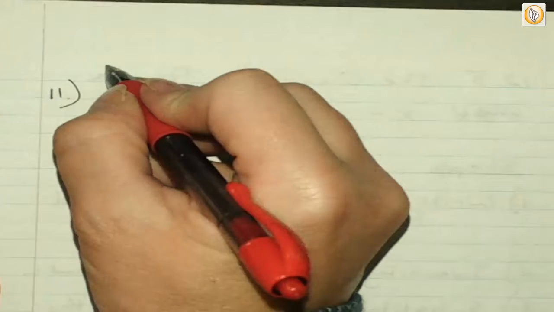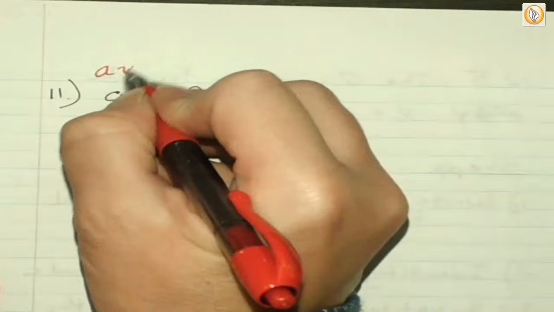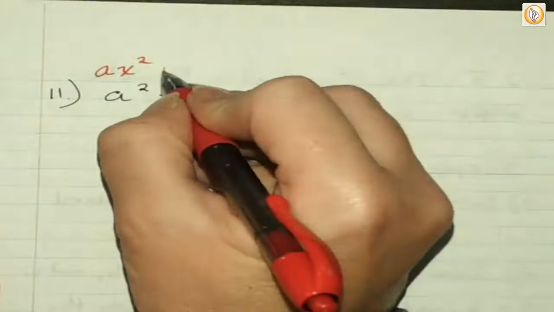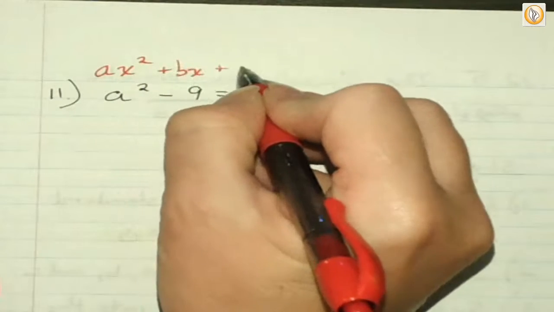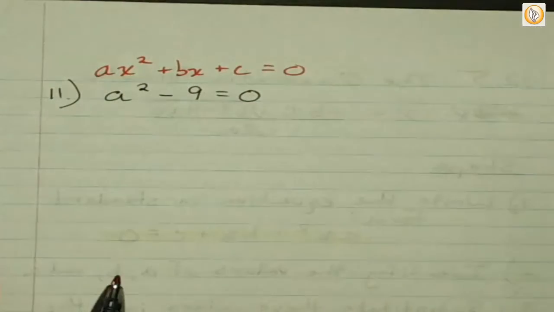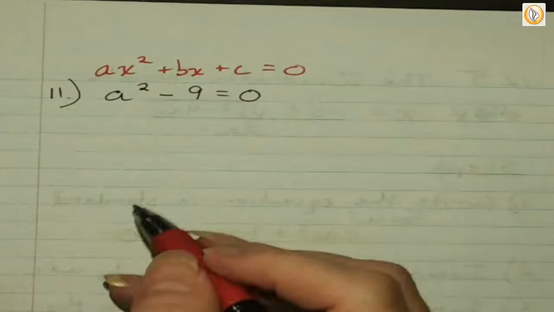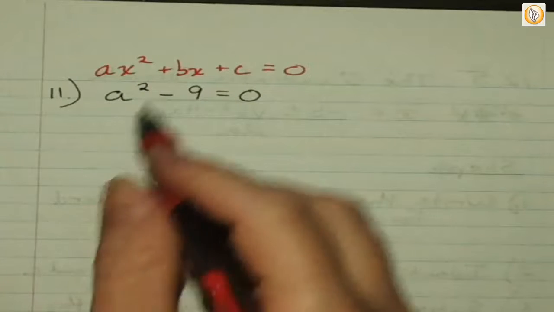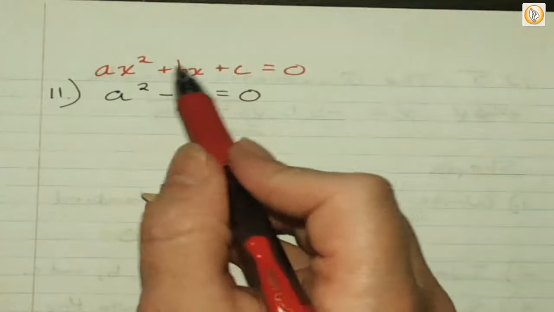Okay, now this one's weird. It's in the correct format, but it's missing something. Remember, we have ax squared plus bx plus c equals 0. So we're missing something. We're missing this middle term right here.